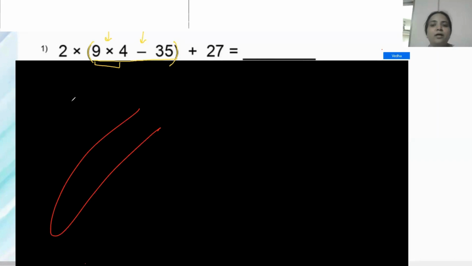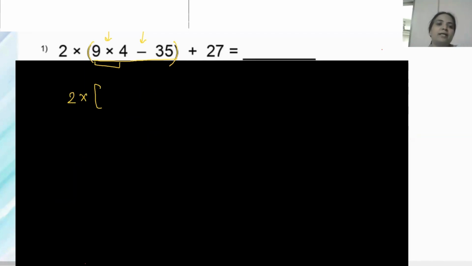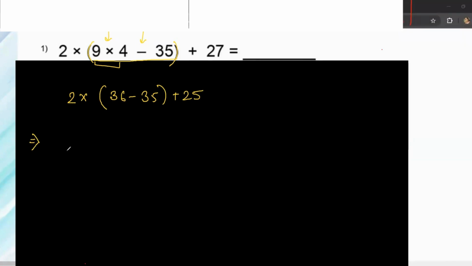So this is 2 times 36 minus 35. Don't replace the brackets. They are parentheses. We put the same. 36 minus 35, brackets closed, plus 25. Then the next step, I'll put this implies the sign.